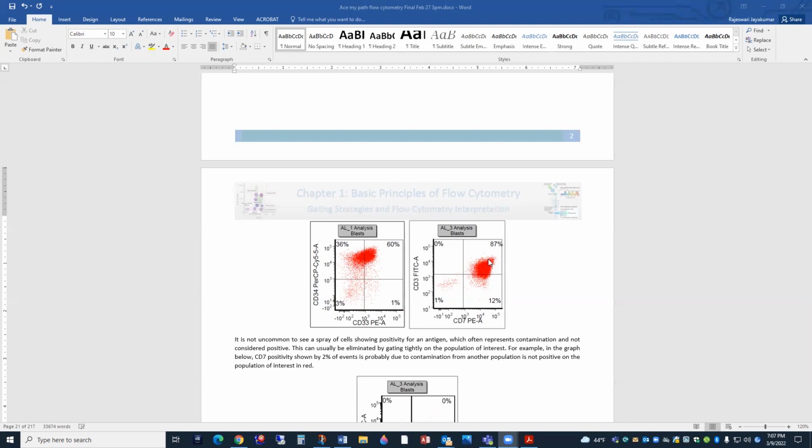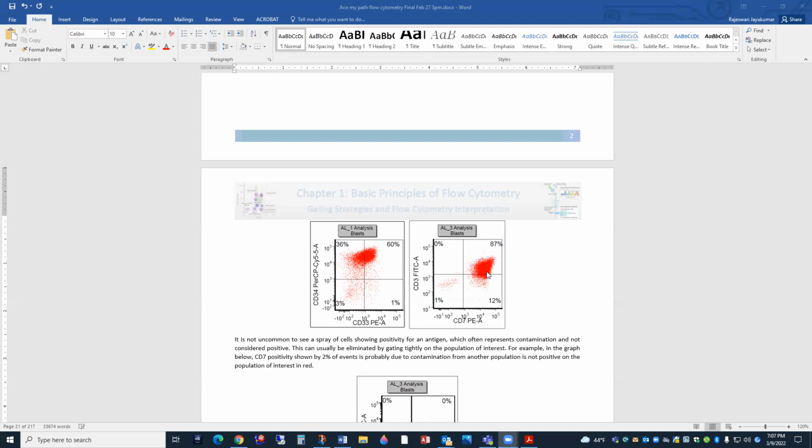And again, here we can see that this CD7 is pretty bright. It's away from the quadrant line that separates negative from positive, and it's nicely, uniformly, brightly positive. Whereas CD3 is moderately positive. If it is sitting here, we'll call it bright.